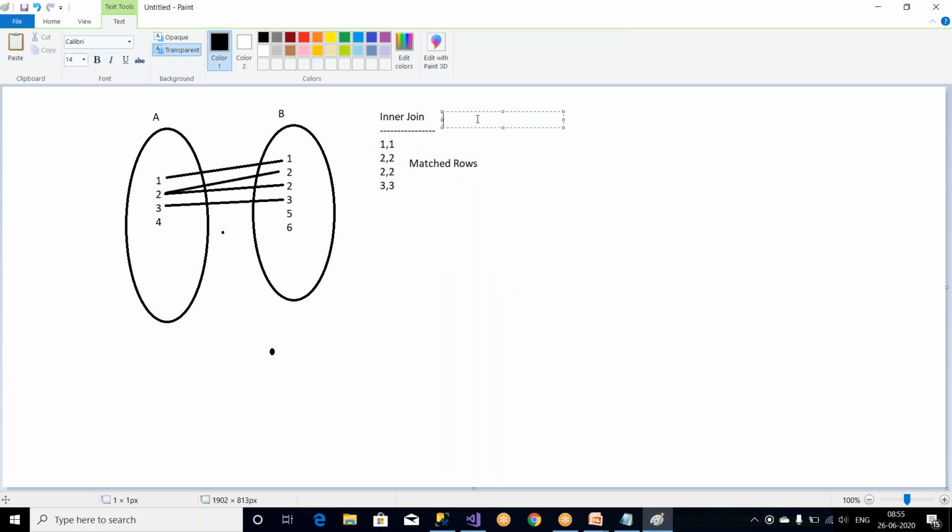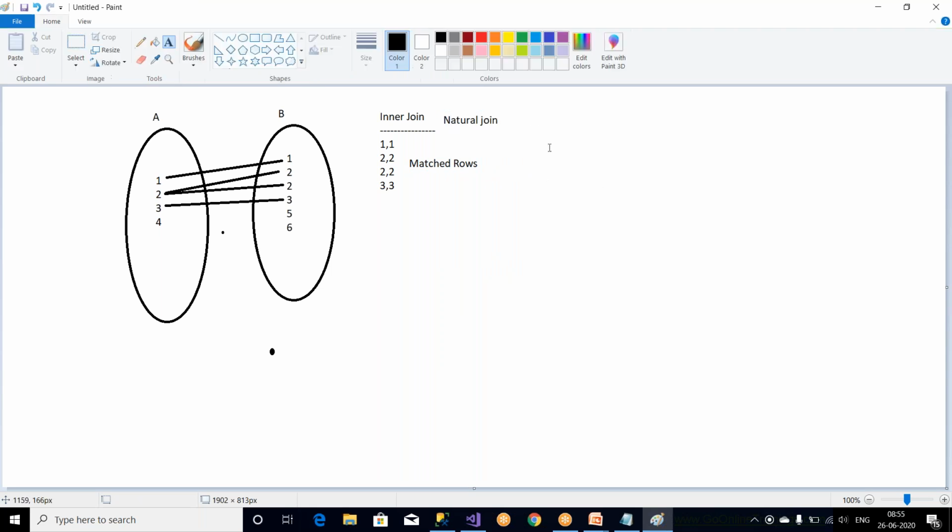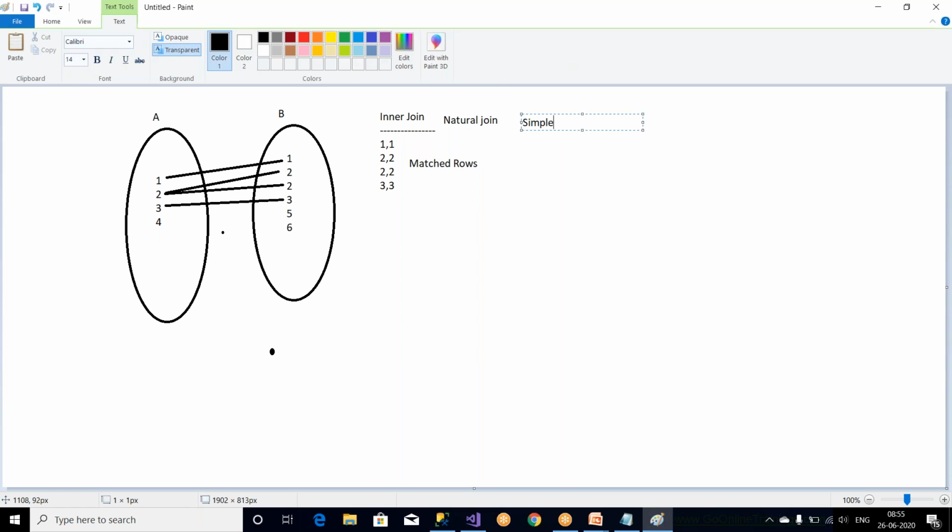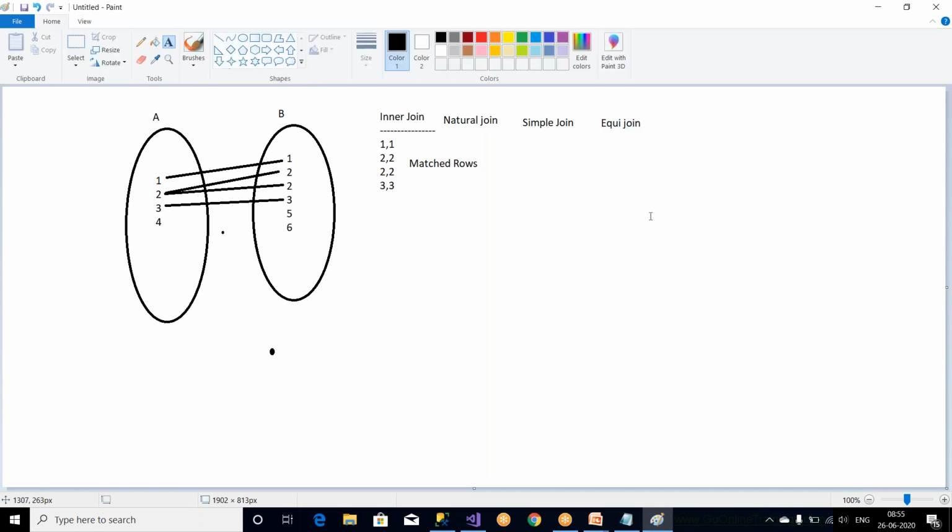It is also called a natural join, a simple join, and an equijoin. A lot of names are given. Whatever they say, you are getting 100% matching data. This is what joins mean.